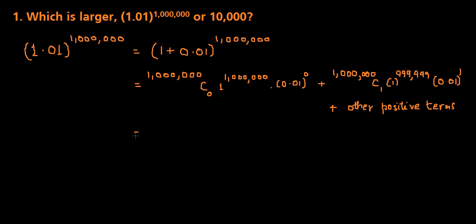So 1 million C0 is 1. 1 raised to the power 1 million is also 1. And anything raised to the power 0 is 1, as we already know. The 1 million C1 is 1 million times 1 times 0.01, plus the remaining terms.